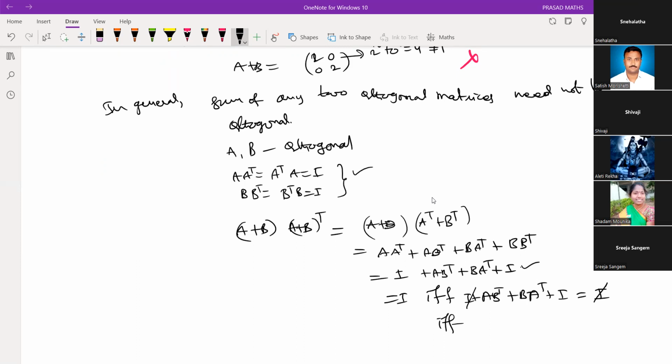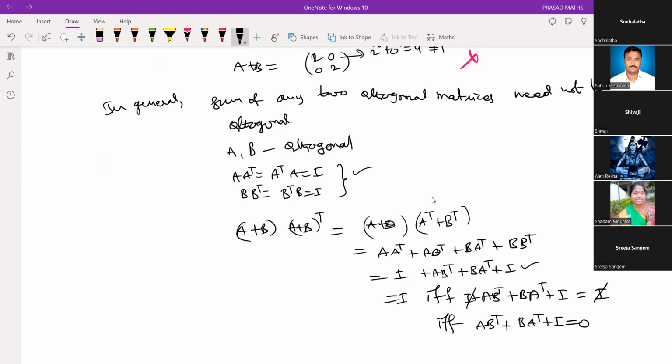So this cancels, which means A into B transpose plus B into A transpose plus identity matrix is equal to 0.